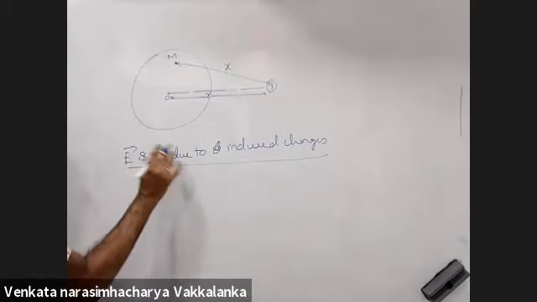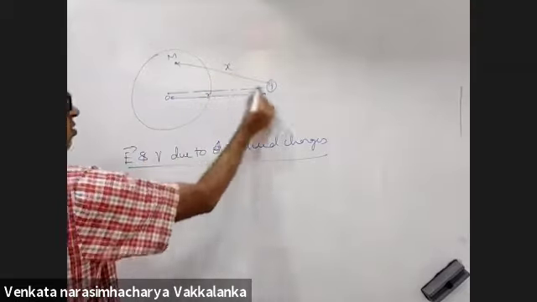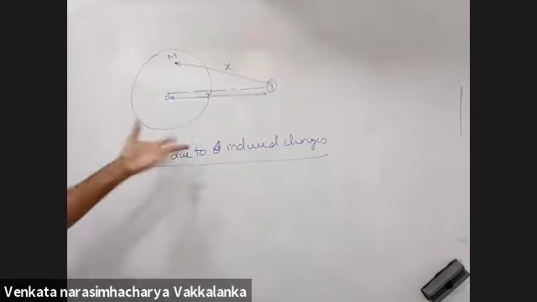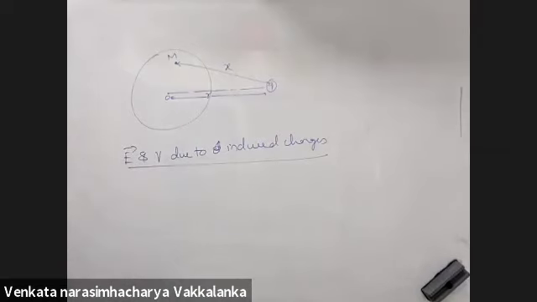Field and potential of the sphere. This distance x is given, this distance r is given. It's a metallic sphere, so throughout it will be the same potential and field.